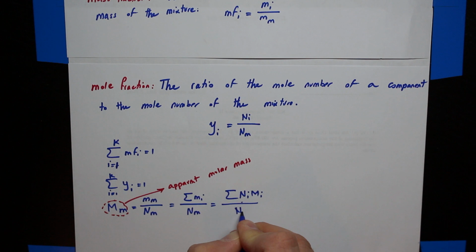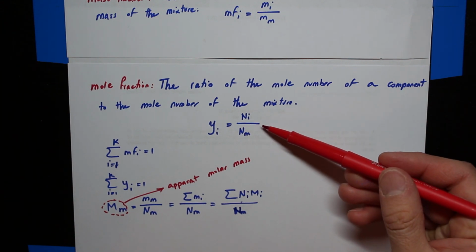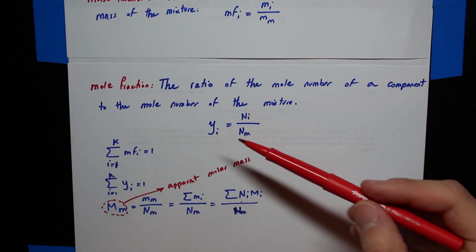And in the denominator, I still keep N_m, the number of moles we have in the mixture. The numerator is the number of moles in one particular component multiplied by the molar mass of that component. So N_i over N_m, we had a definition for that, and that is called the mole fraction, or y_i.